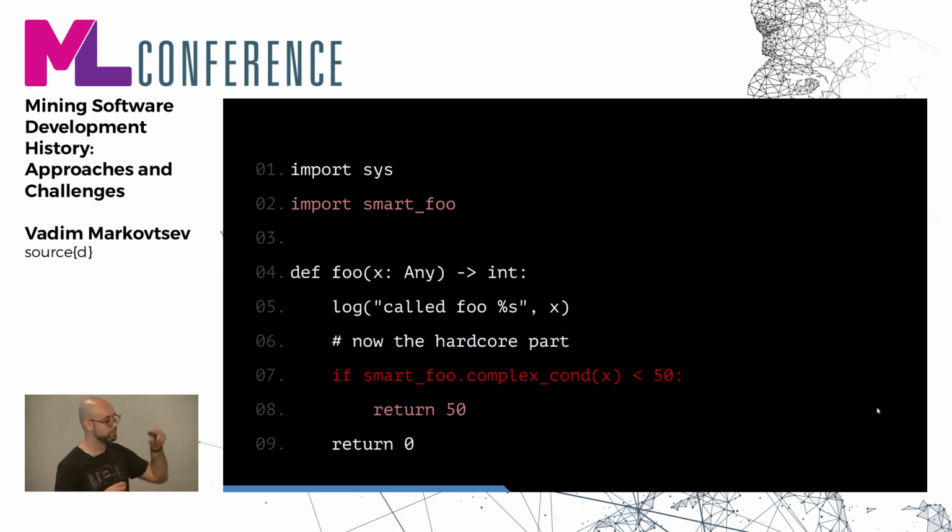If somebody changes 50 to 49, this will change your program logic. Or if somebody changes the complex condition to some other function call, this will also dramatically change the behavior of your function. So this line is probably the most important in this code snippet. And also return 50.